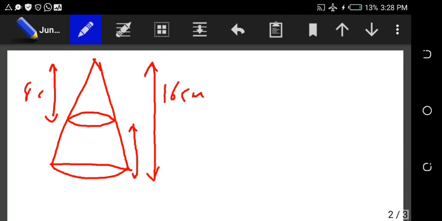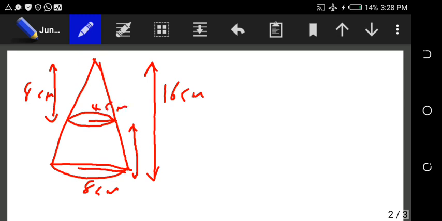Of course, the radius of the bigger cone, at the bottom part of it, let's call the radius 8 cm as well, and for the smaller portion, let's call the radius there 4 cm.